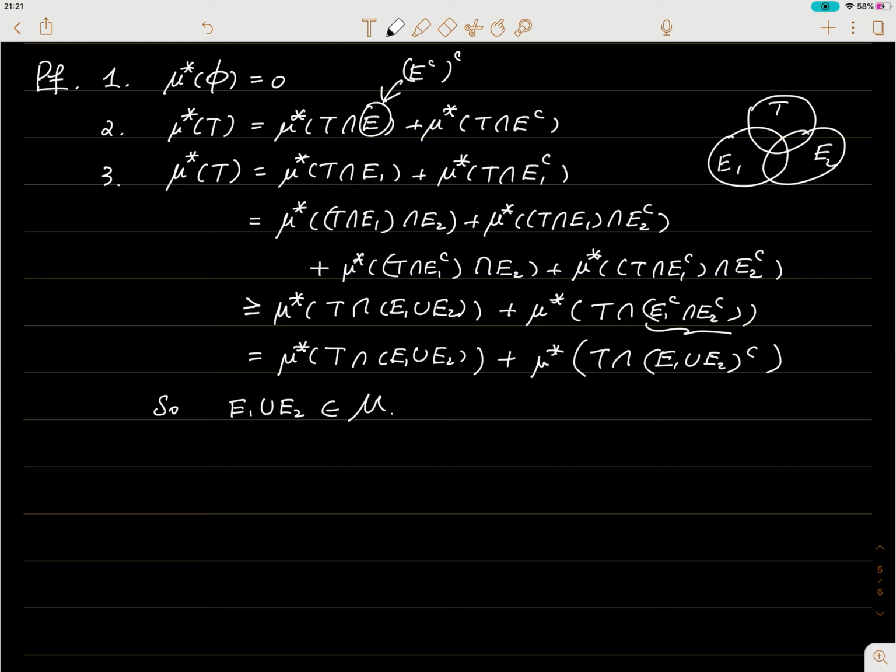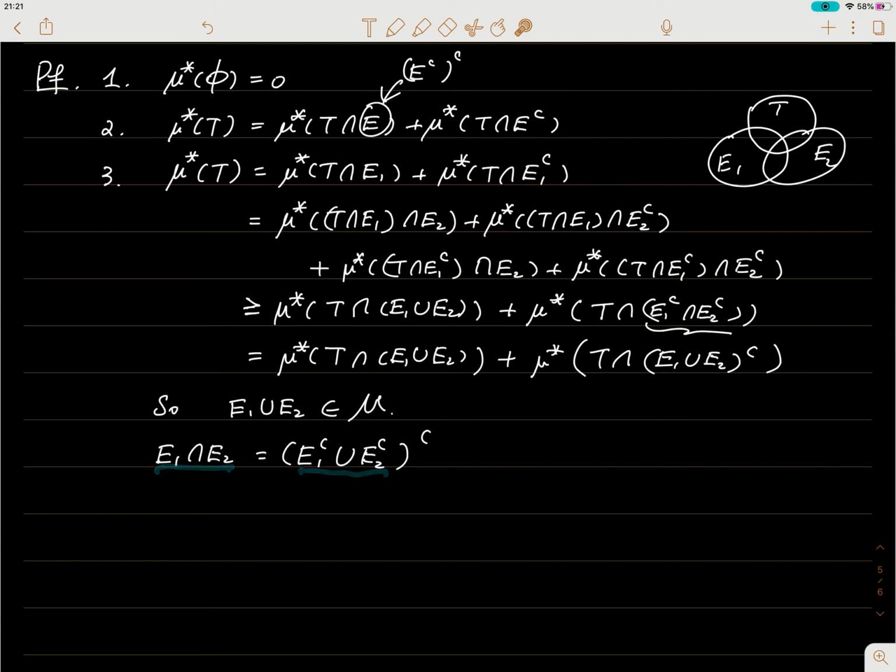Okay, if we have this, then we can easily show the other ones, because the intersection of E1 and E2, according to what we showed earlier, by De Morgan's law, is just equal to this. Right?